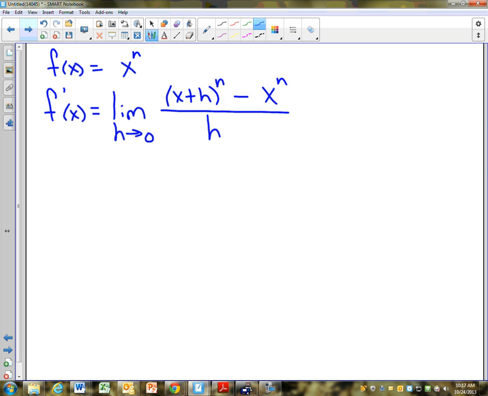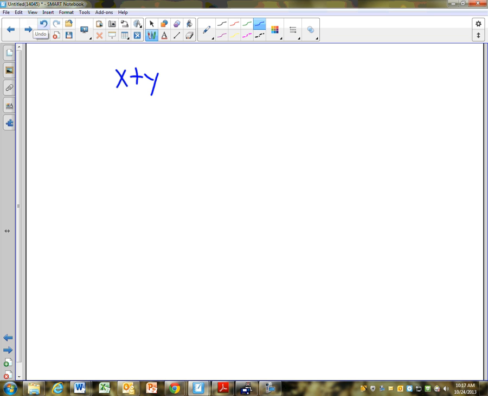Do you remember when we did problems like this? X plus y to the 4th power. You remember that? And you got x to the 4th, x to the 3rd, y to the 1.